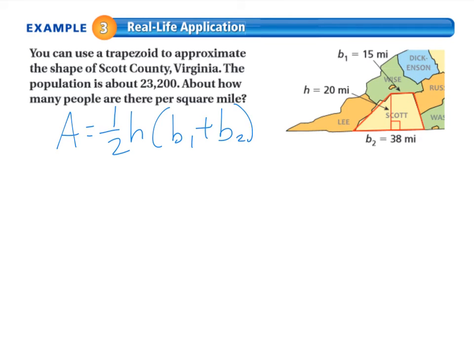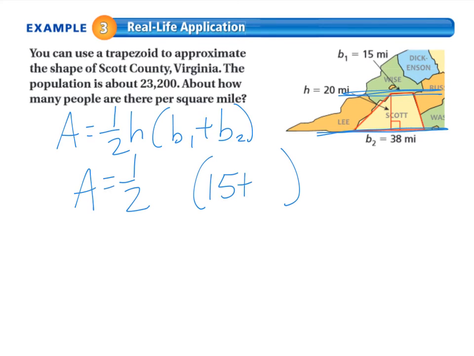So I'm going to go ahead and find my parallel lines. There's one this way, and there's one this way. That tells me those are my bases. A equals 1/2, so I'm going to put my bases in. So that's 15 plus 38, which makes my height, the perpendicular height, 20.